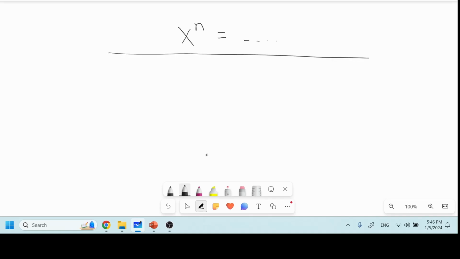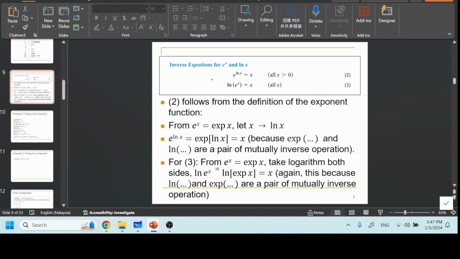To begin the definition, let us look at how x can be expressed in the form of the exponential function. x is expressed as the exponential function of ln of x. This is what we have learned in the previous discussion when we talked about the inverse relationship between the exponential of x and ln of x.